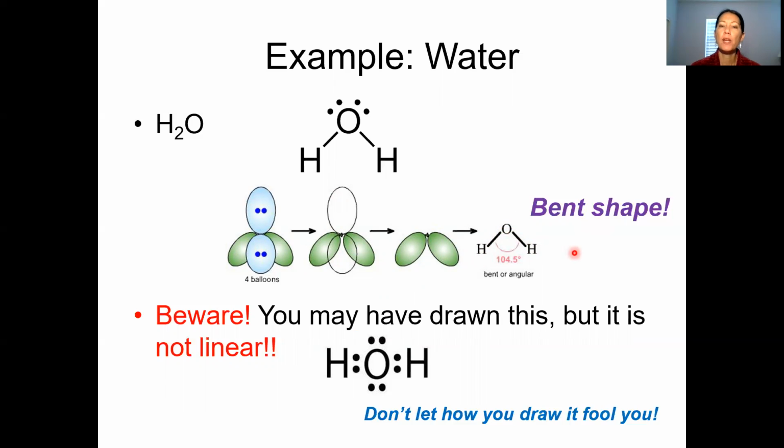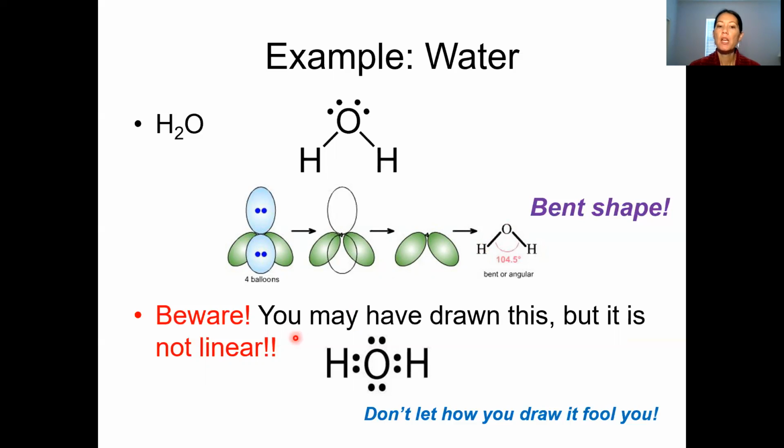So again, we cannot call water a tetrahedral shape. It has a tetrahedral orbital geometry, the balloon shape for the lone pairs, but the shape itself with the lone pairs in place and just looking at the atoms, it's bent. Be very, very careful.